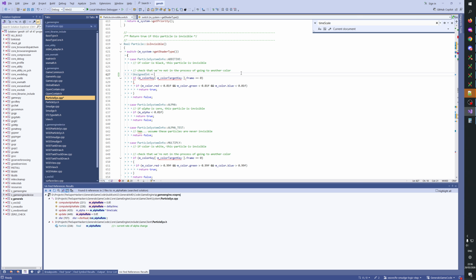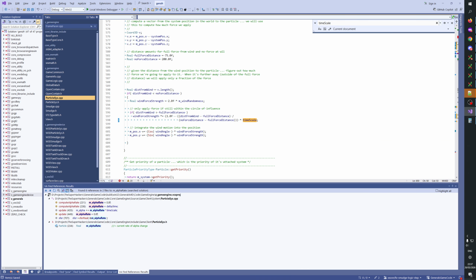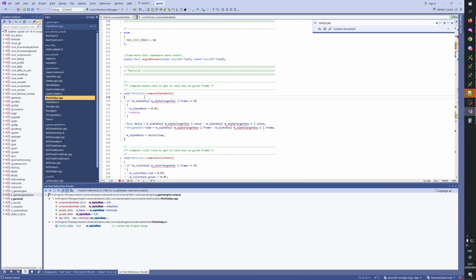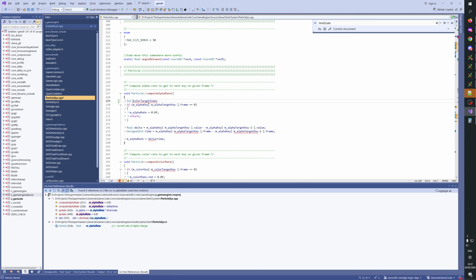Unsigned int, color target index. This one is alpha target key index.